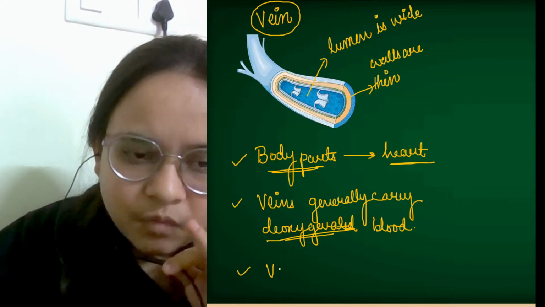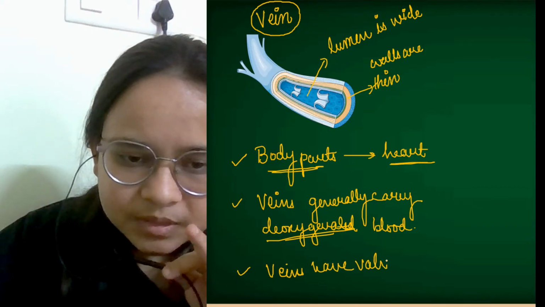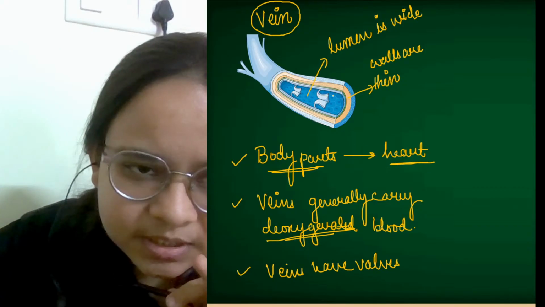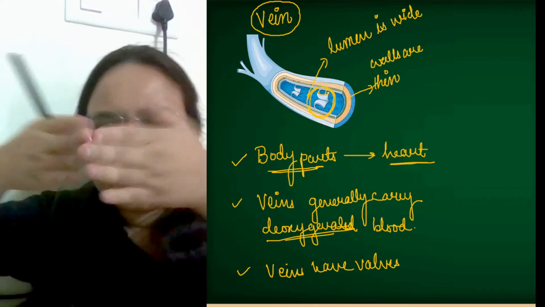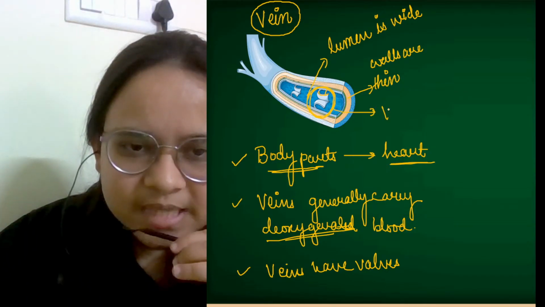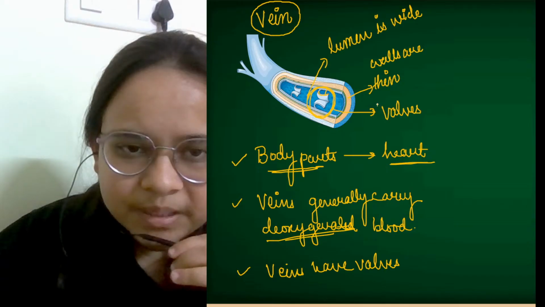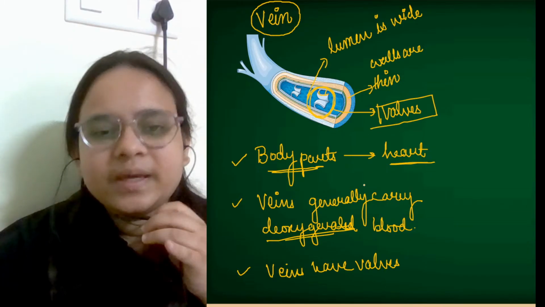Next thing, veins have valves. Now why is it so? Can you see this picture? Can you see the muscular flap-like structures here? This flap-like structure, this flap-like structure, these are none but the valves. And why do veins have valves?